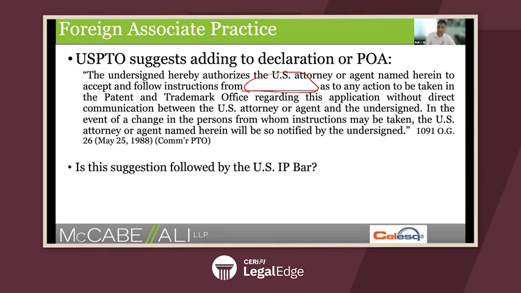Again, not saying this is required. Many times OED says this is required. It is not required. It's just a good idea. It is something that most people don't do. It's a suggestion that's not followed, only because people probably have not read this Official Gazette notice. So if you pull one thing out of this foreign associate conversation, you should consider having this, and a couple other points, which I'll make in a moment.